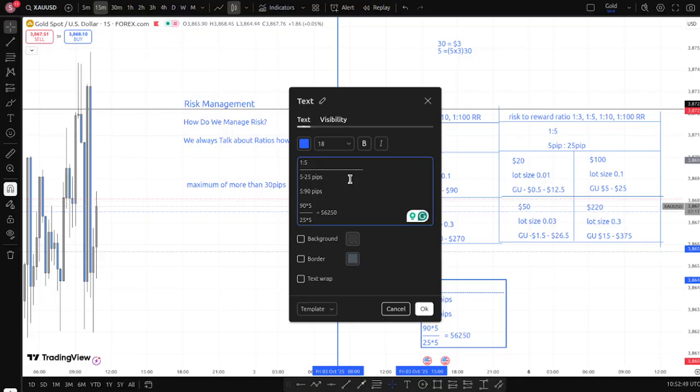Nimeandika kitu vizuri? 90, 25 by 5, divide by 25 by 5.